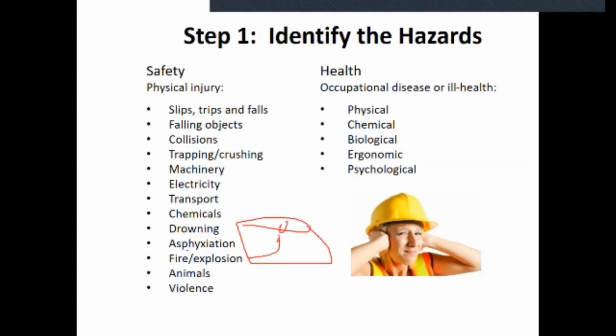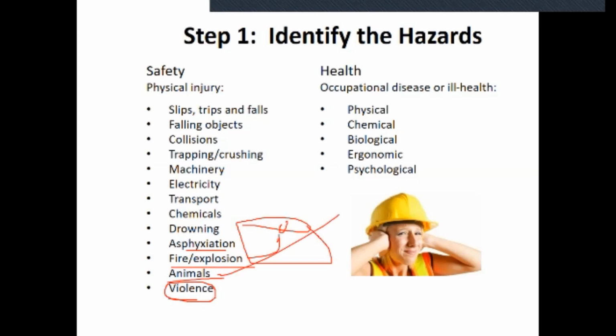And asphyxiation, nothing but a lack of oxygen. Also fire, explosion, and animals can also create injuries, such as an animal hit. And violence, maybe fighting, some crowd violence. These are the safety point of view, the physical injuries.